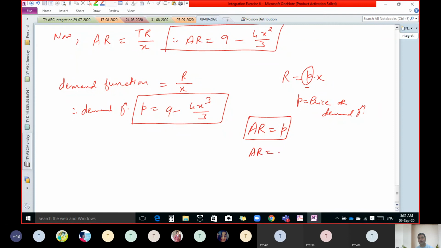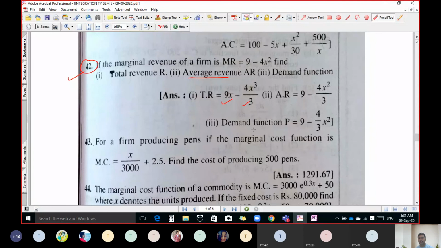So average revenue and demand function are the same. So this is the answer. Demand function is 9 minus 4 by 3 x square.